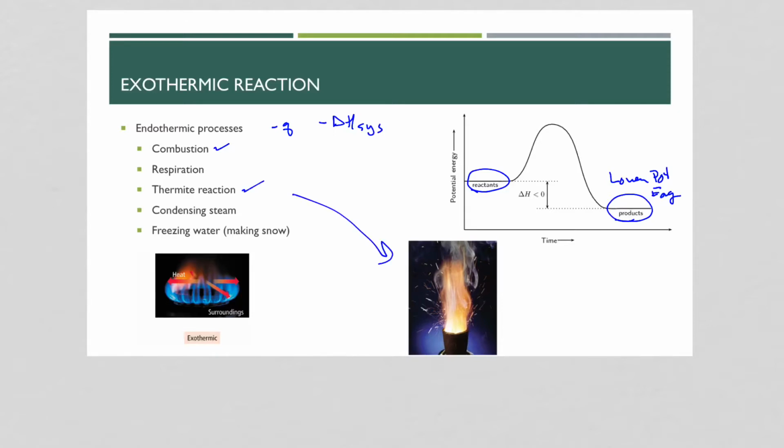This is a very exothermic reaction. We have those phase changes. So whereas evaporation and melting were endothermic, condensing and freezing are exothermic.